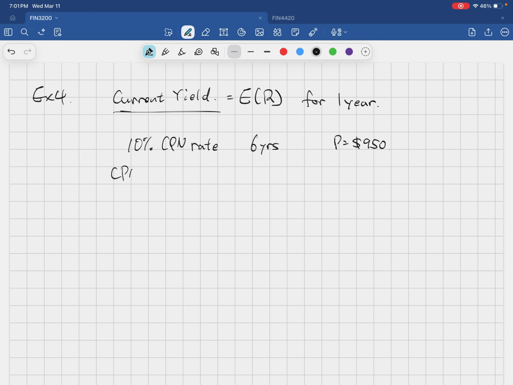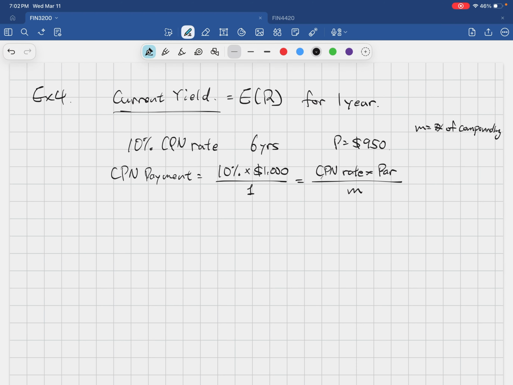We're going to assume an annual bond, so every coupon payment is the coupon rate times par value over M, where M represents the number of compounding periods per year. M is 1, so each coupon payment is $100.